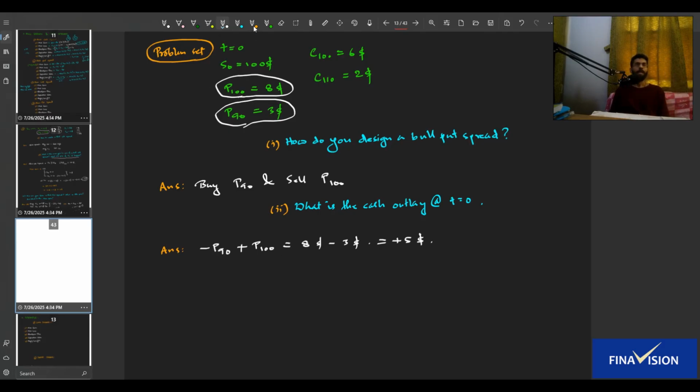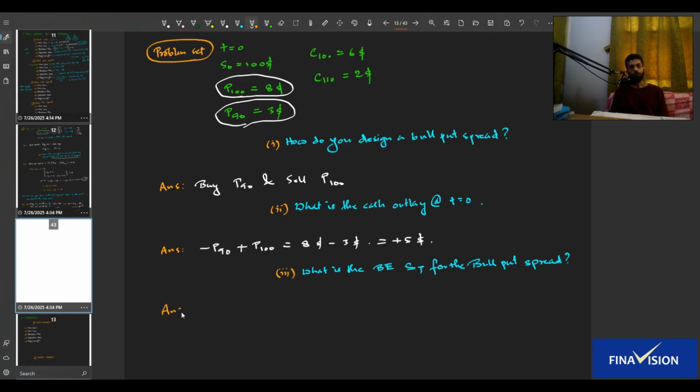Third question: what is the break-even price at expiry for the underlying for this bull put spread? If you do it with me, it helps in understanding much better.